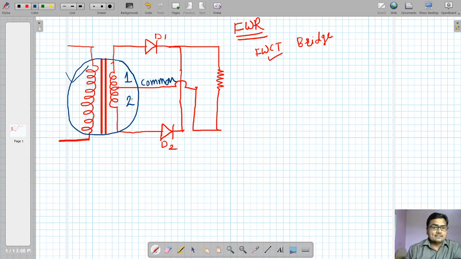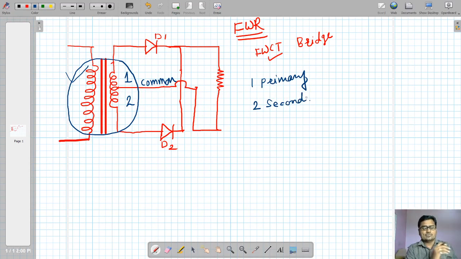So in this transformer I have one primary and two secondaries. This is the actual configuration of a center tap transformer. The operation of the rectifier is well known to us, as we have a background of first year engineering.